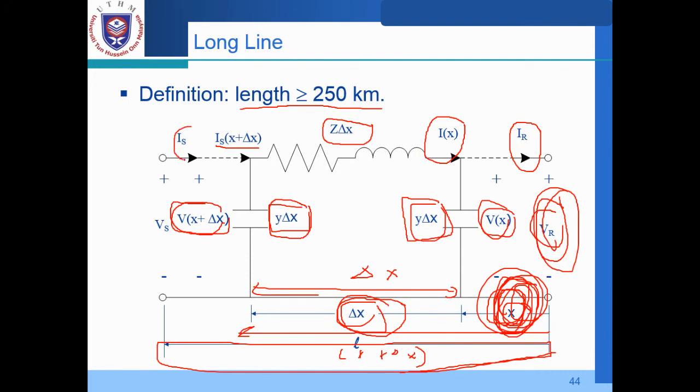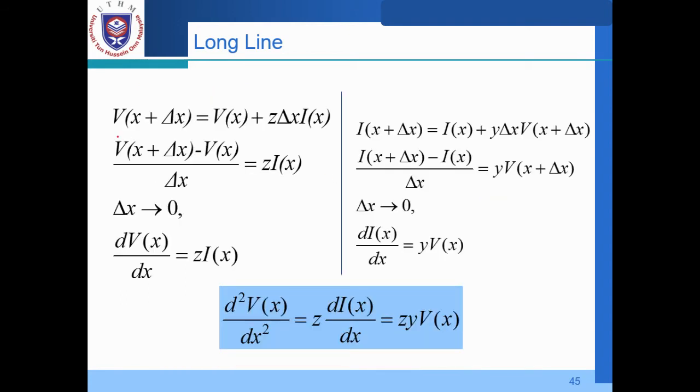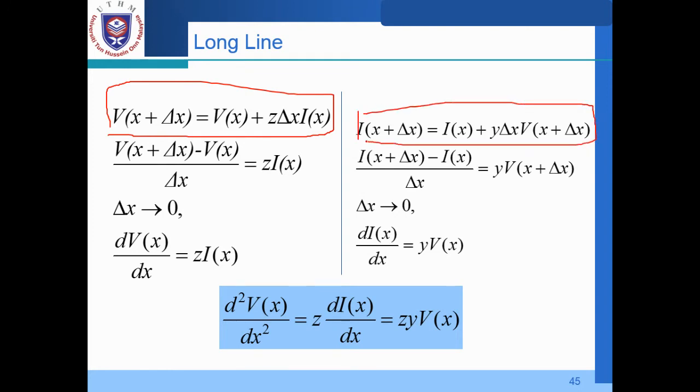This is Is as well as Vs. Now if we apply within this closed loop KVL, and also at this node, let's say node A, we apply KCL, we may come up with this relationship. So this is KVL, and this is the KCL at node A. So we have again Vx plus delta x equal to Vx plus Z delta x Ix.